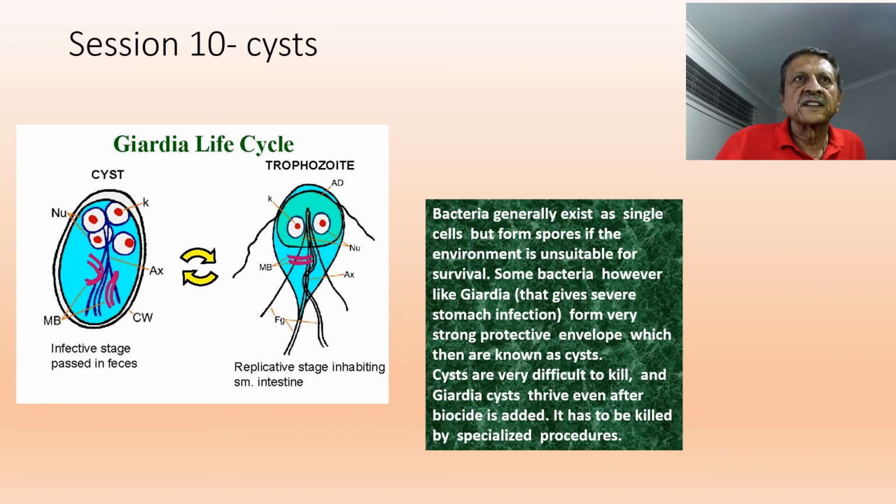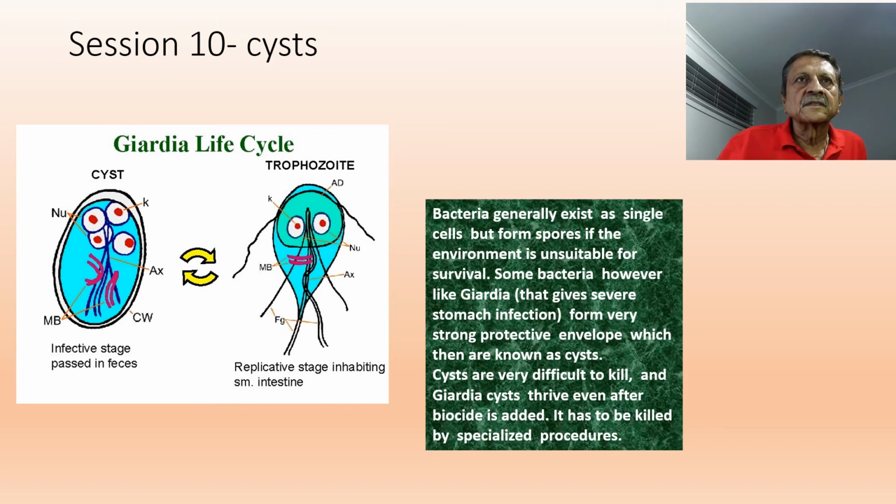Trophozoite forms cysts and becomes stable, and once it enters the human gut, it sheds its shell and becomes an active bug or bacteria that will cause you damage. Here again, normal bleach or chlorine that is added to water will not be able to destroy the cyst.